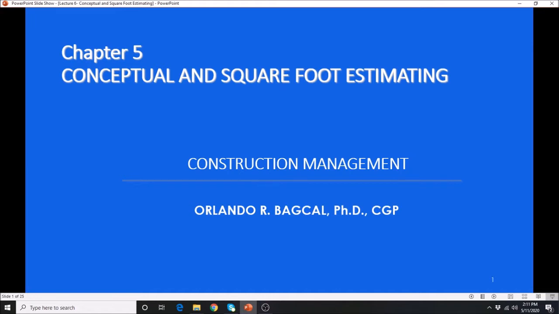The conceptual estimate is a type of estimate wherein you have only vague descriptions or limited information about the project, such as the square footage, the location, and the time of construction. The second type is the preliminary estimate, commonly known as the square foot estimating.